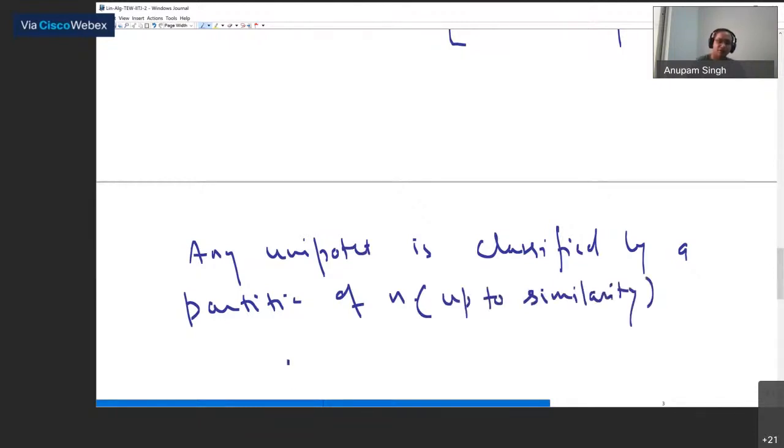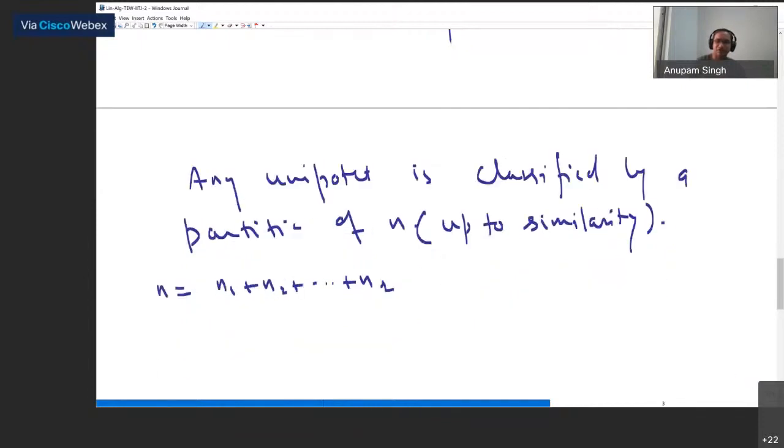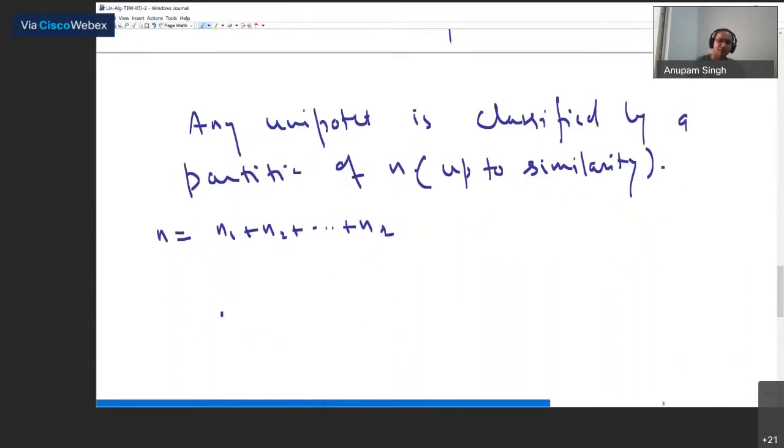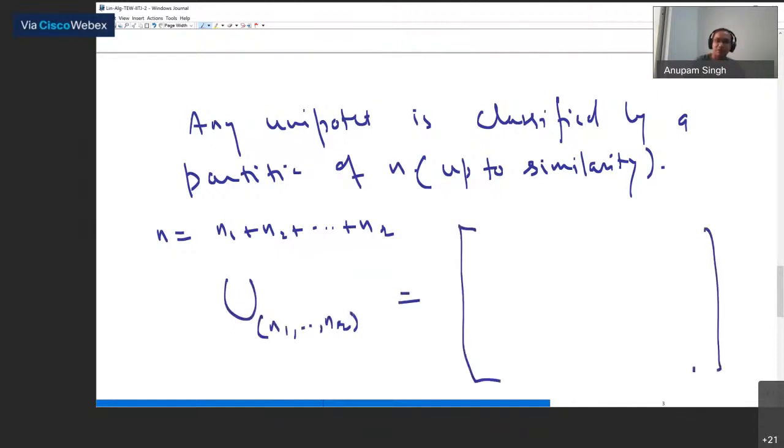Right. So if I have a partition n1 plus n2 plus ... plus nr, which is a partition of n, then the corresponding nice representative of that class would be, using a similar kind of notation, block matrices.